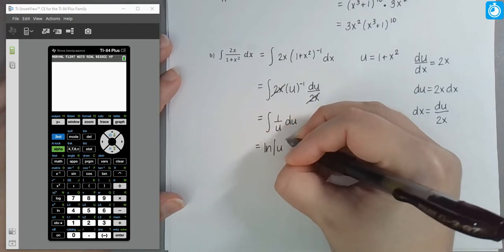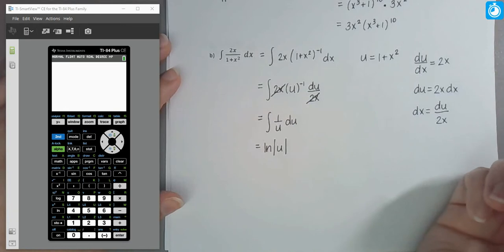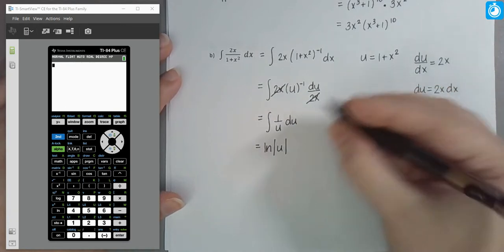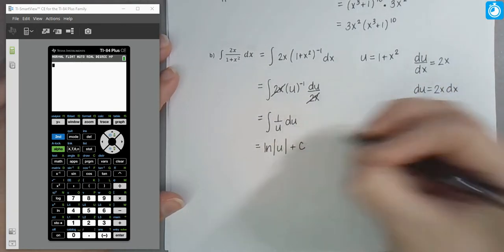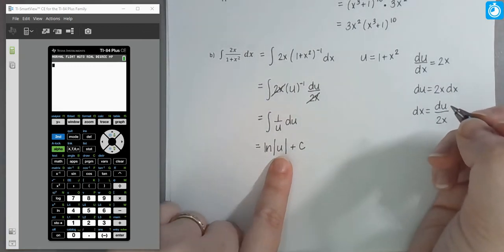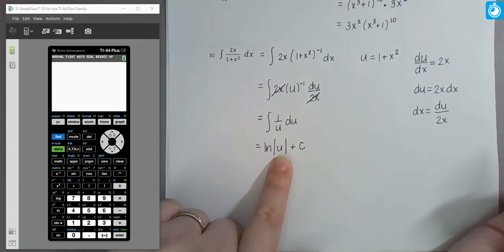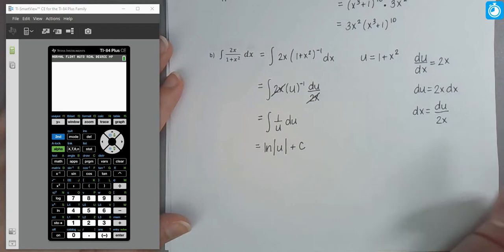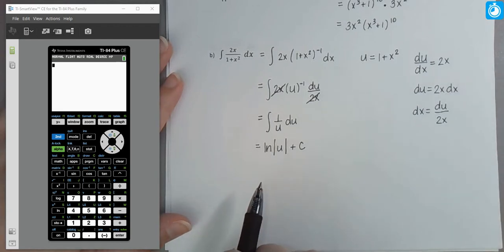So the antiderivative is going to be the natural log of the absolute value of u plus c. Now, why do we need the absolute value? We need the absolute value anytime there's a possibility that what might go inside the natural log is actually a negative number. The natural log of anything less than or equal to 0 is actually undefined.